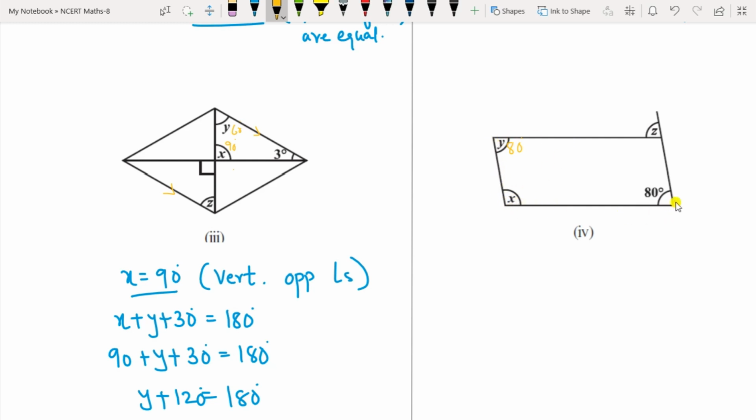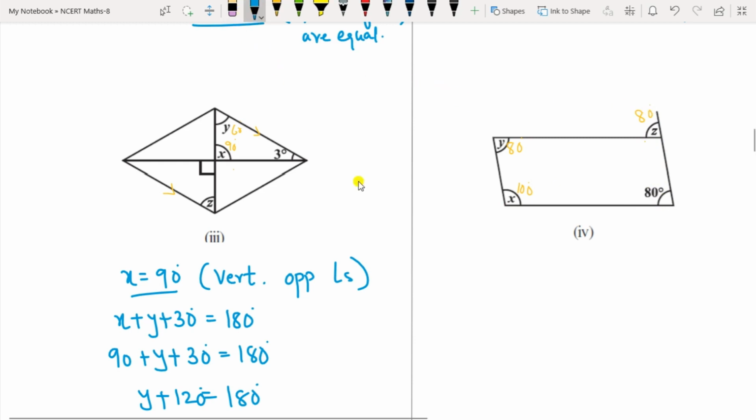This is C here. So 180 minus 80, this becomes 100 here. This is co-interior, and you have to find z here. So what will be z then? You can see this is forming L here. So L means corresponding angles. So this is 80, so this is also 80.